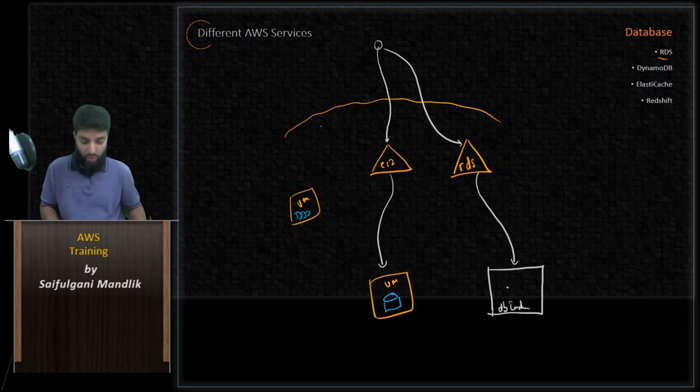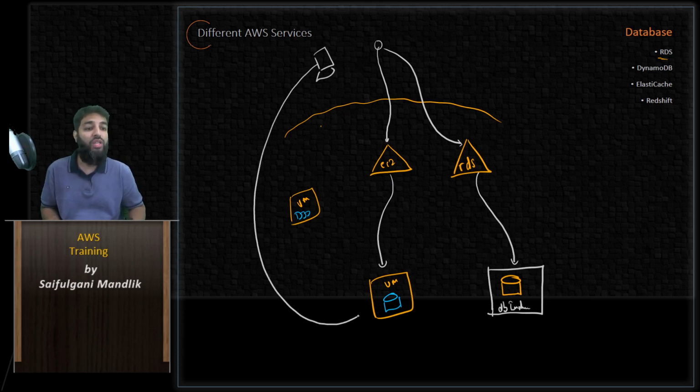Regardless, a virtual machine is created in which your database that you require will be pre-installed onto it, maybe an Oracle database or a SQL Server database. Sounds similar to some extent, but there is a lot of difference. The first difference is a virtual machine which is created using the EC2 instance. You have access to that virtual machine, which means from your laptop or desktop, you can actually establish a remote connection.